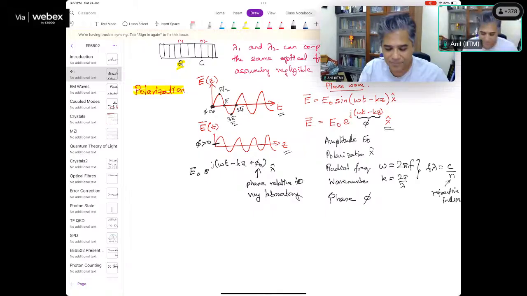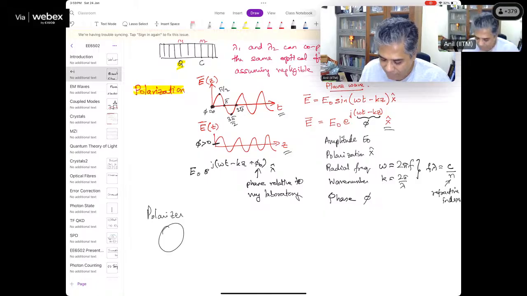So a polarizer is like a fine mesh. Think of a fine mesh like this. If the light is propagating through the mesh, only the electric field that is vertically polarized will go through the mesh. And so that is polarization.